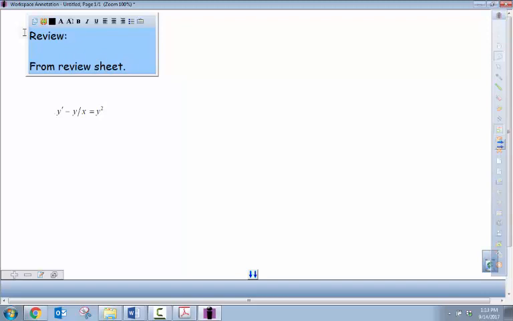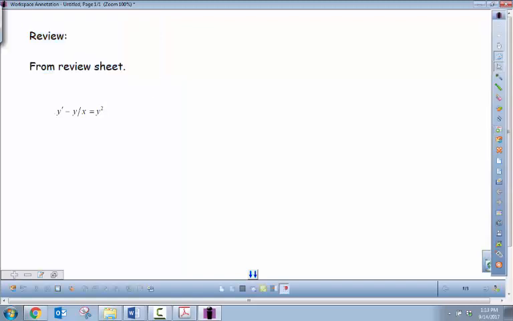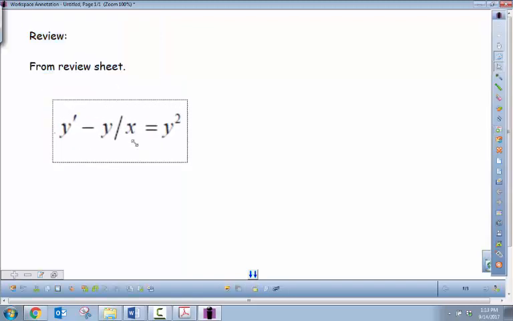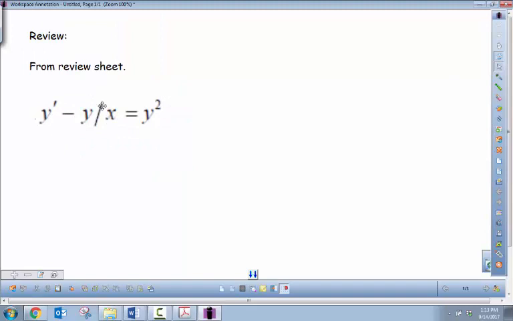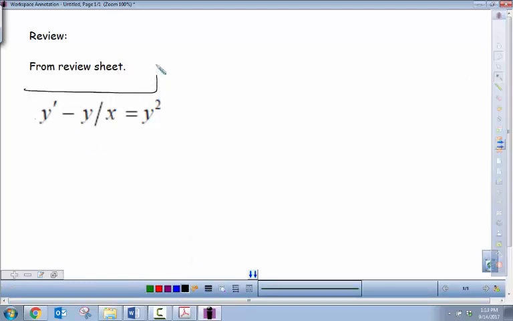For the notes today, I'm not going to rewrite the outline. You can just get the outline from Canvas. Let's see if we can solve this.